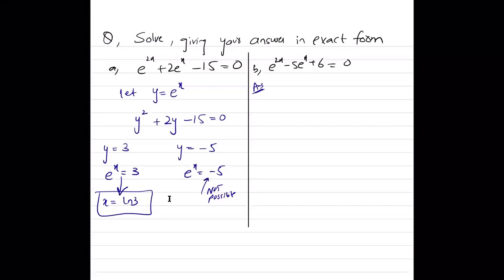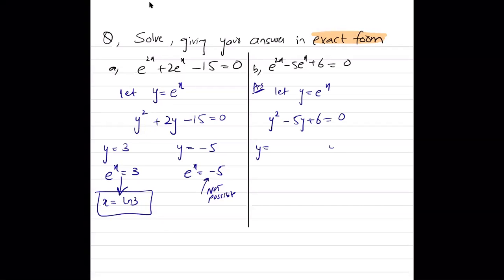For the first one, I got 1.099, and for the second part, my answer is ln 1, which is 0. I want the answer in exact form for this equation. If you let y be e raised to the power of x, you're going to get y squared minus 5y plus 6 equals 0.